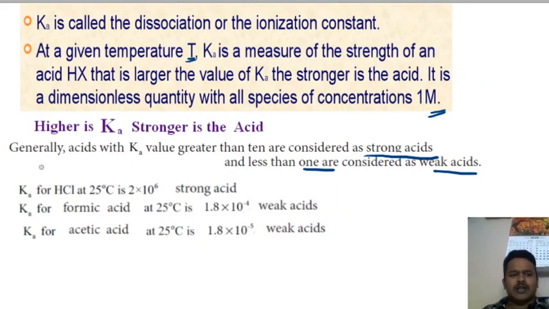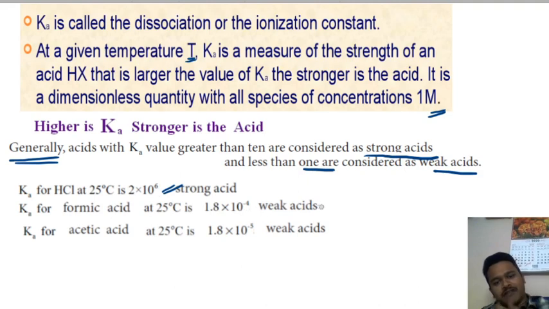Here, based on observing many acids, those having a Ka value more than 10 are strong. See, HCl is 2 into 10 power 6, a very big value, so it is a strong acid. For formic and acetic acid, the value is less than 10. It is in fractions, so these are all weak acids.